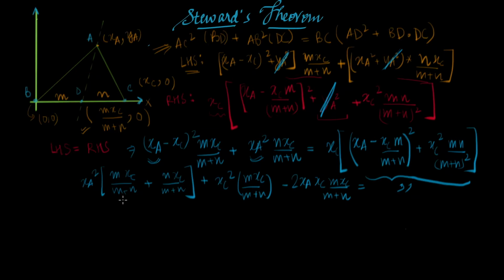From here, we notice that this is again the same form, which helped us cancel out the y sub a terms, because this is m times xc and n times xc. When we add them up, we get m plus n times xc, so that basically cancels out, and we are left with just the term xc from here. So we get xa squared times xc as one of the terms.